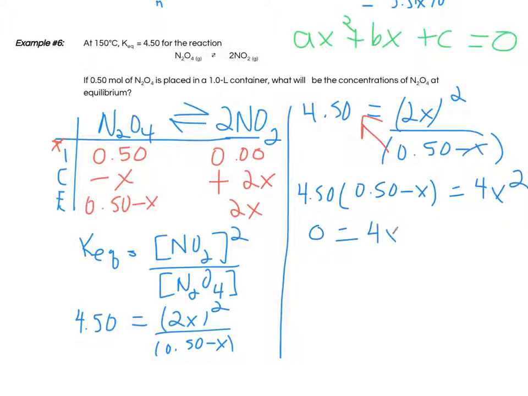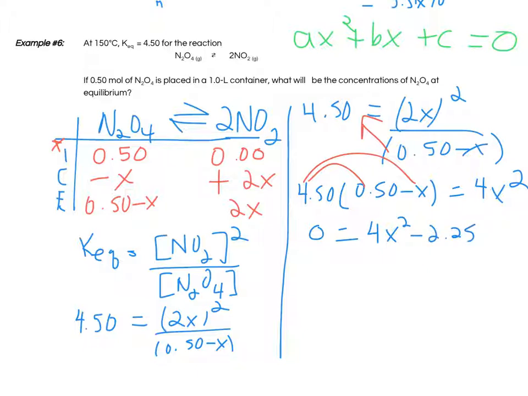So 4x squared. Now in the meantime, I'm going to have distributed both of these values so that I can multiply them and then move them to the opposite side of the equation. So half of 4.50 will give me 2.25, but I'm going to move that to the opposite side of the equation, and that will give me negative 2.25.